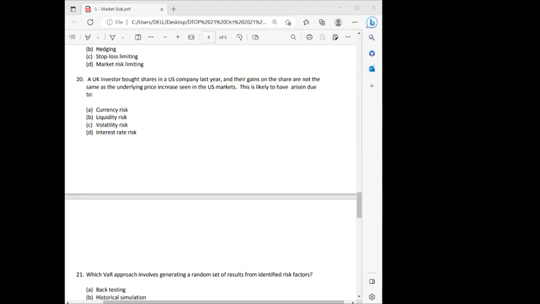Let's see. A UK investor bought shares in a US company last year, and their gains on the share are not the same as the underlying price increase seen in the US market. This is likely to have arisen due to currency risk, liquidity risk, volatility risk, interest rate risk. I think it's obvious when you are in two countries, according to this example, it is due to the currency risk. That is A. Right? Let's go to the next question.